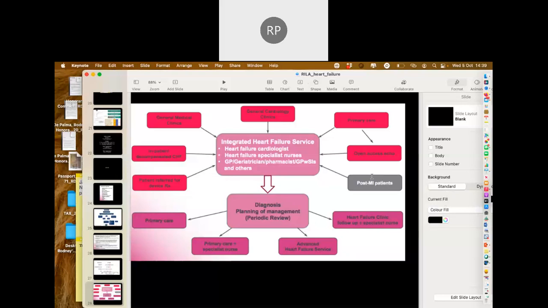What do I think about primary care initiation? So yeah, I think the answer to that is yeah. There's no reason why SGLT2 inhibitors can't be initiated in primary care.